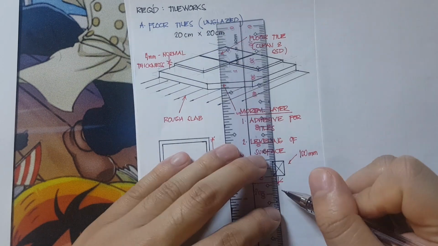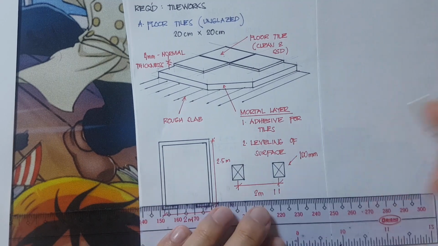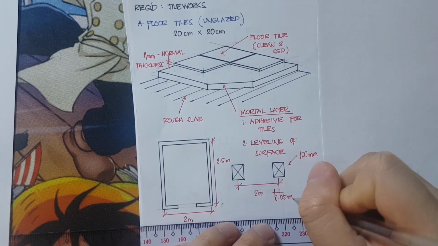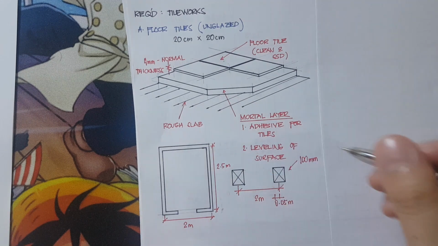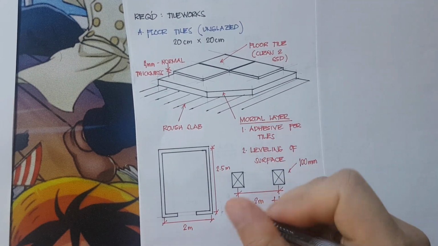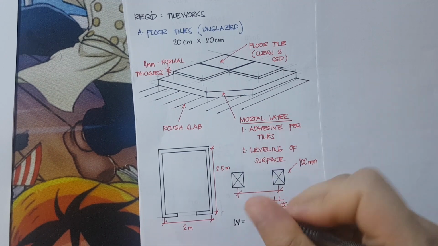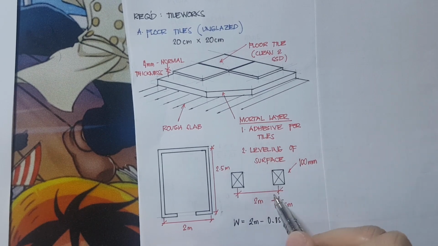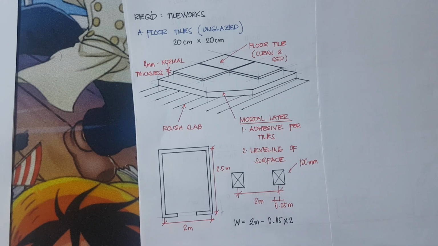Therefore, this half, itong kalahati dito is 0.05 meters. Likewise with this other half. Okay? Therefore, the total width is equivalent to 2 meters minus 0.05, minus 0.05, so that would be times 2.